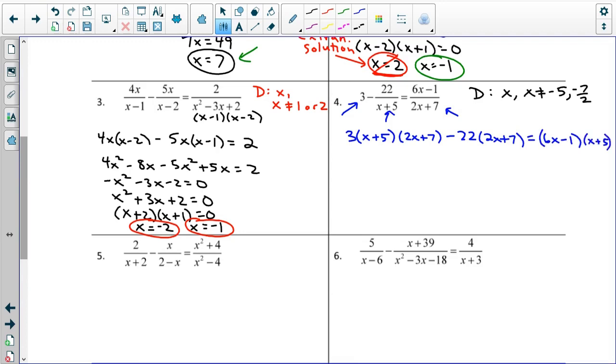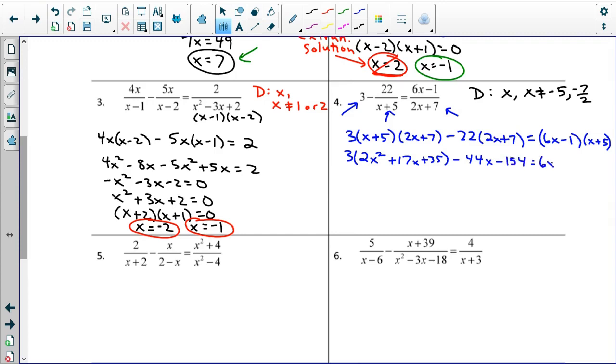So now I'm going to end up solving this. So 3 times 2x squared plus 17x plus 35 minus 44x minus 140 and 14 makes 154.